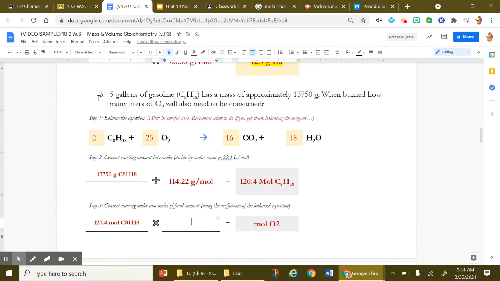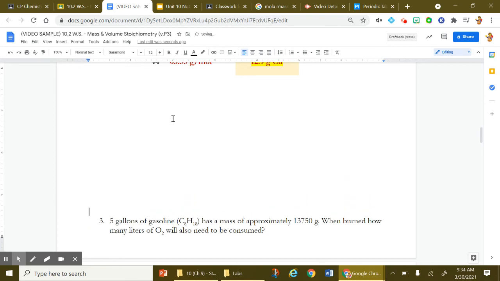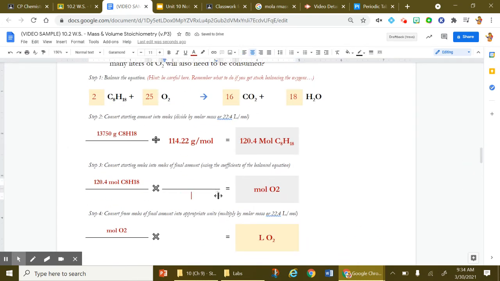Let's see, this problem got broken up a little bit. Yeah, here we go. All right. So I want to get out of moles of octane. So moles C8H18. And I want to get into moles of oxygen. So I'm going to do moles of O2 on top. And now we've got to put the numbers that go here.